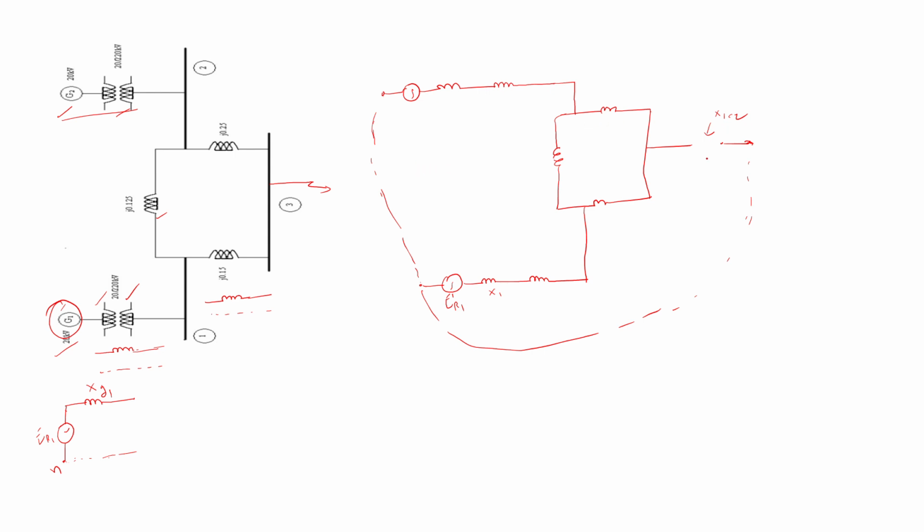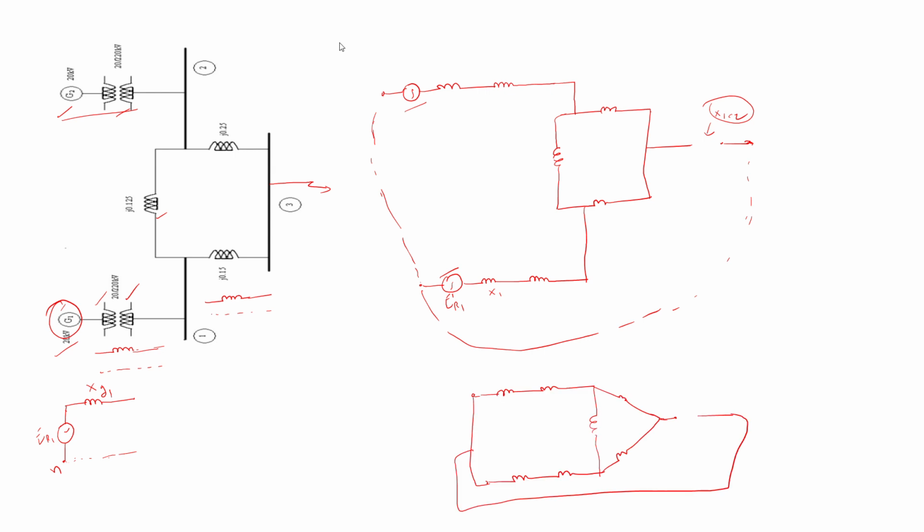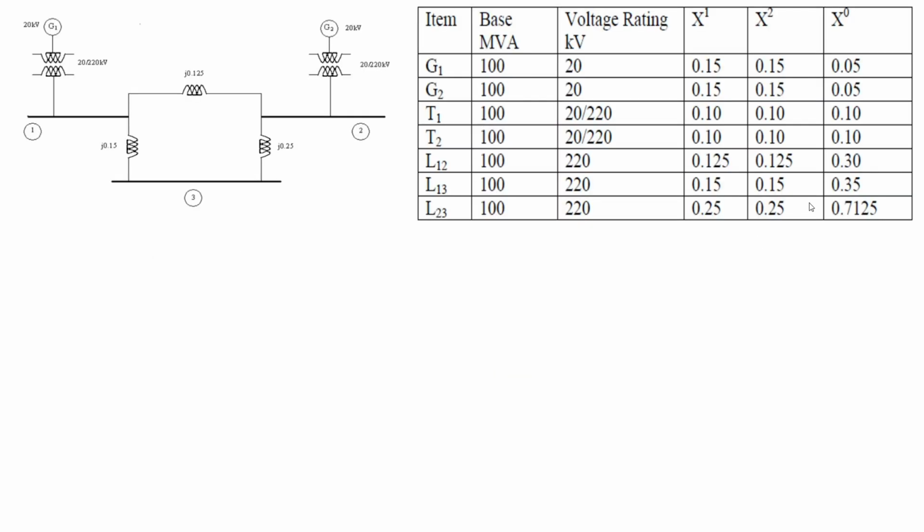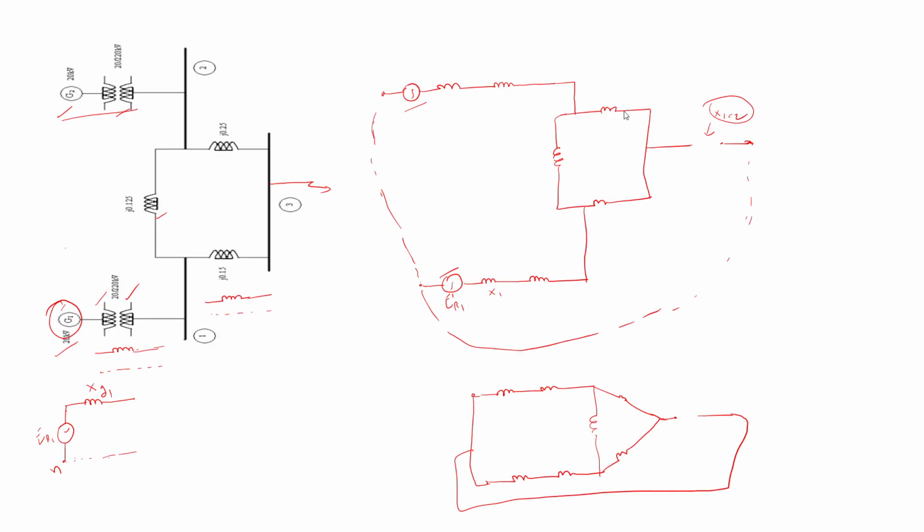Whenever you want to calculate the reactance, resistance or impedance, we need to replace the voltage sources with a short circuit and the current sources with an open circuit. Then the network becomes like this. This is the internal reactance of the synchronous generator, and it is given as 0.15 for positive sequence as well as negative sequence.